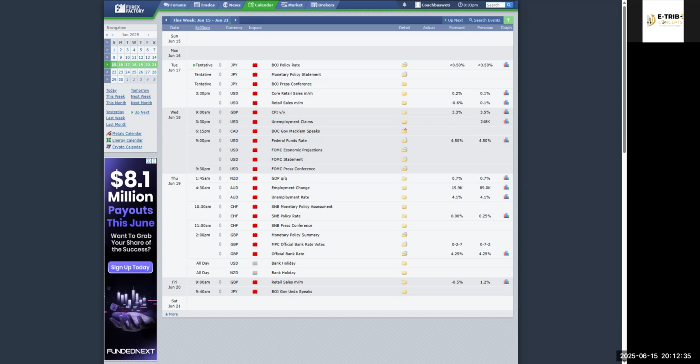Then on Wednesday, you're going to have CPI for the pound during the London session. And on the same Wednesday, we'll be having some important fundamental updates. We're going to have a speech from the Bank of Canada, that is from Macklem. Then we'll also be having unemployment claims for the dollar during the New York session.